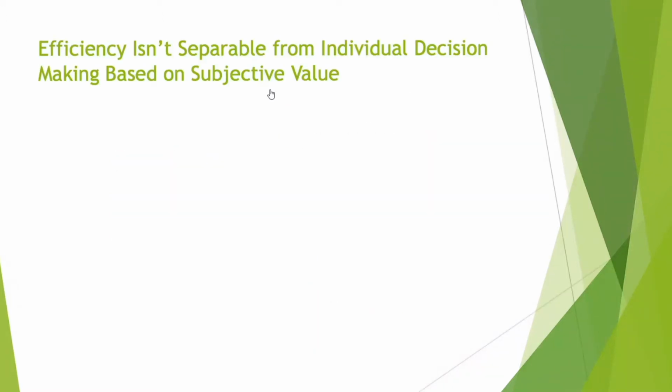One of the keys for Austrian economists is a strong adherence to subjective value. And Austrians tend to reject the idea that you can rearrange property rights in search of efficiency, that there will be some problems both ethically and practically when you are trying to do that.